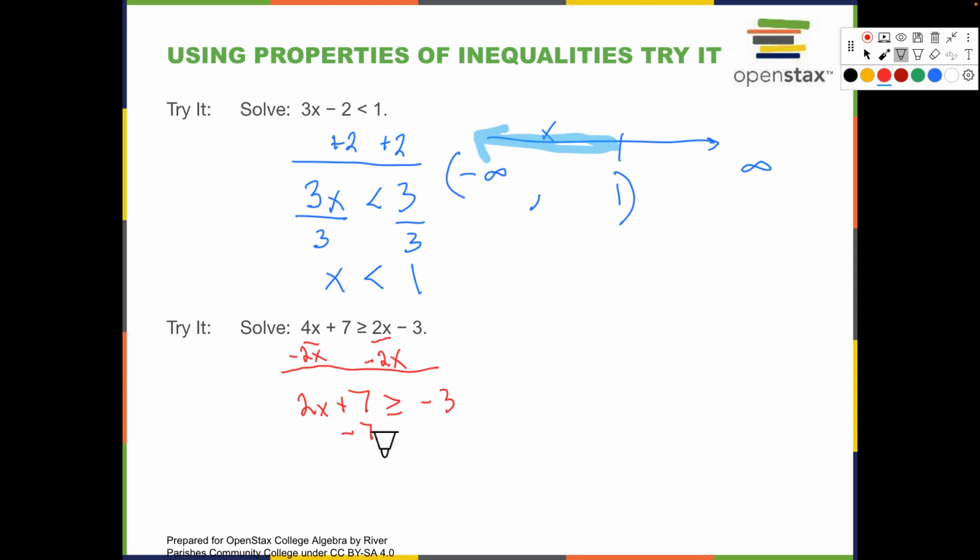We'll subtract 7 from both sides, and we get that 2x is greater than or equal to negative 10. And again, we haven't changed the direction because we don't need to. And then we divide by positive 2. And so that's going to give us x is greater than or equal to negative 5.